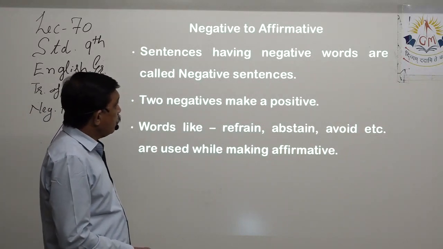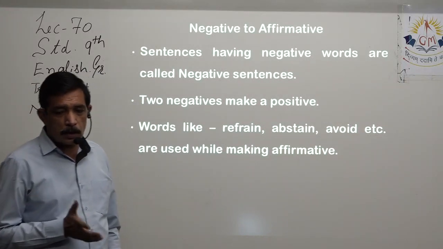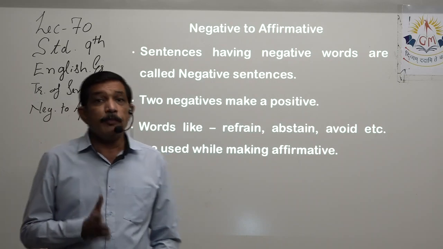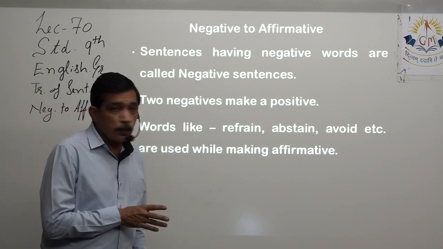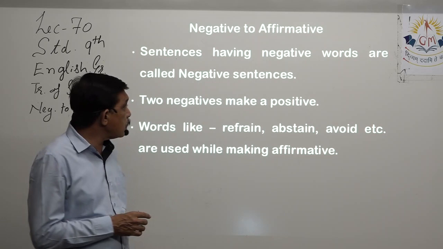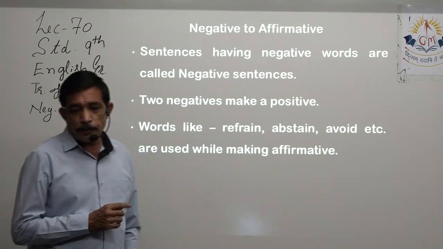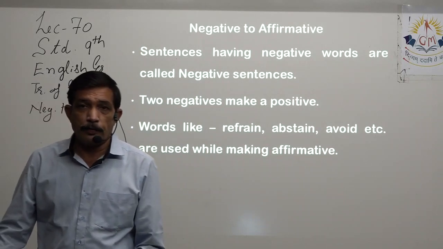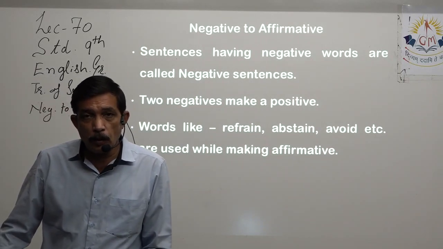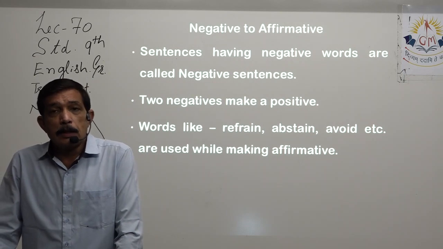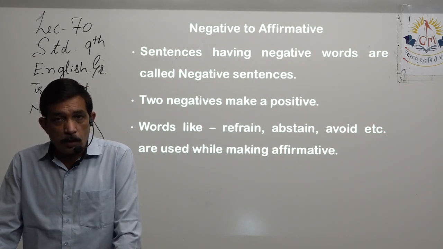Negative to affirmative, what do we mean by negative sentence? Sentences which contain negative words are called negative sentences. Two negatives make a positive. Important thing to remember over here. Two negatives make a positive.